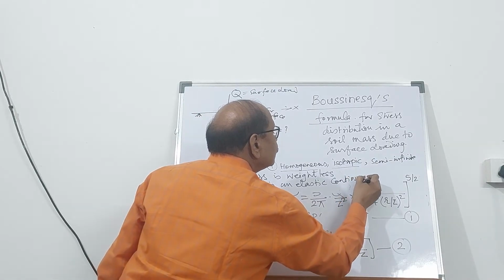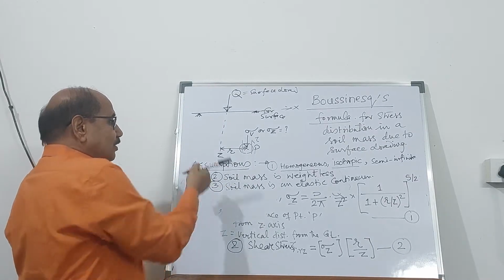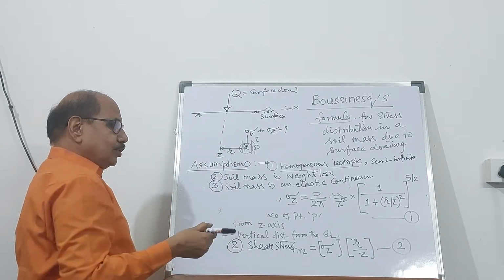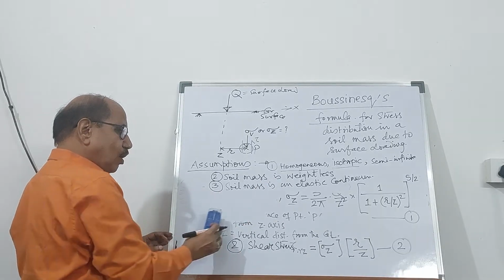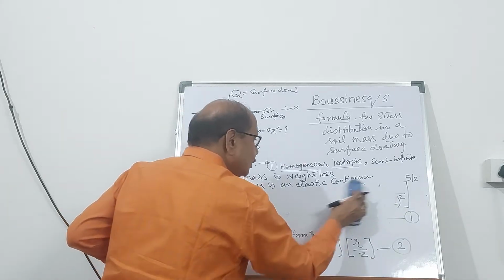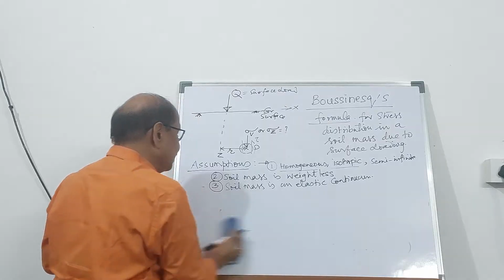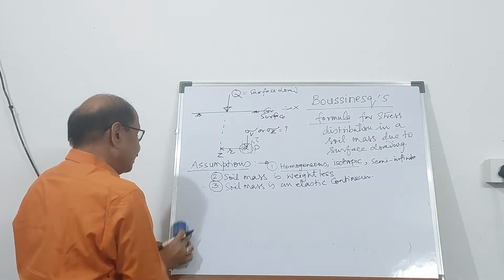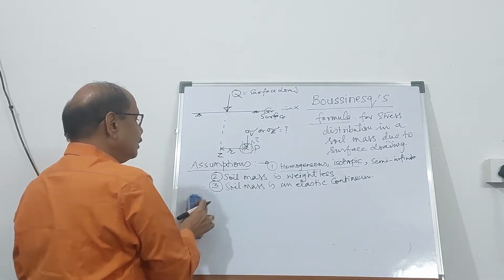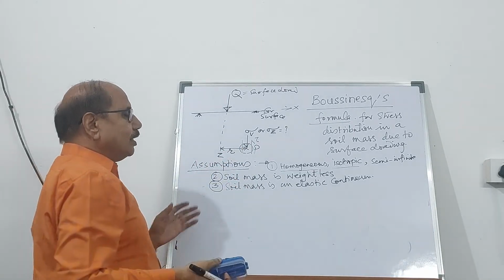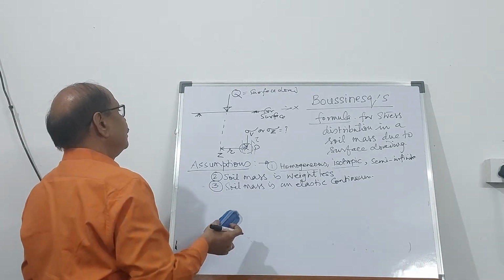That means stress to strain ratio is going to be constant. So remembering these two formula, you can compute the shear as well as vertical stresses at any point in the ground, and it has got wide applications, as I have already told you.